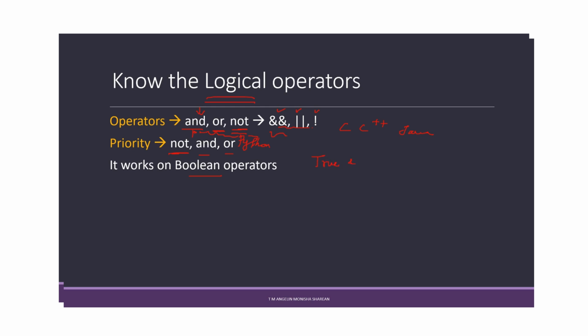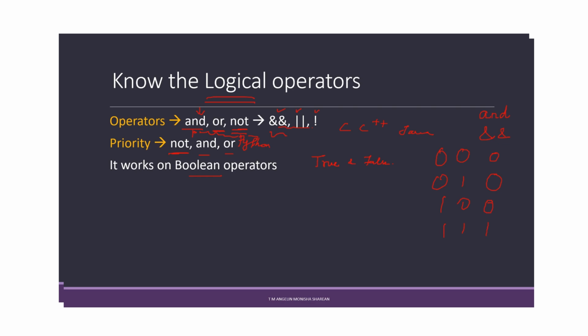True and false. Let me explain with a simple logical table. You will have two inputs: 0 0, 0 1, 1 0, 1 1. So the logical AND, which is represented by double ampersand or just the word AND, gives the answer: 0 and 0 gives 0, 0 and 1 gives 0, 1 and 0 gives 0, and 1 and 1 gives 1.